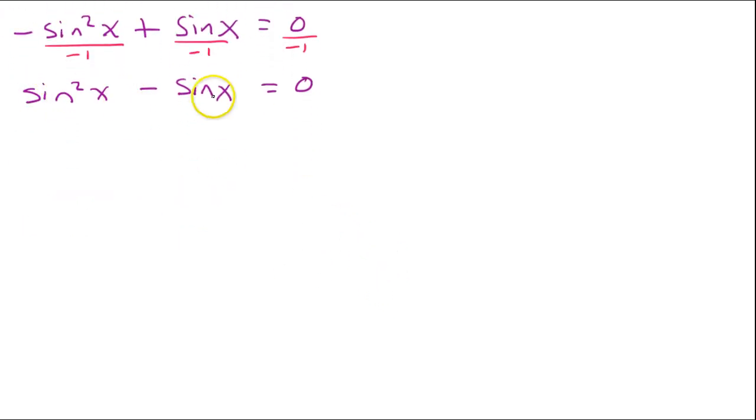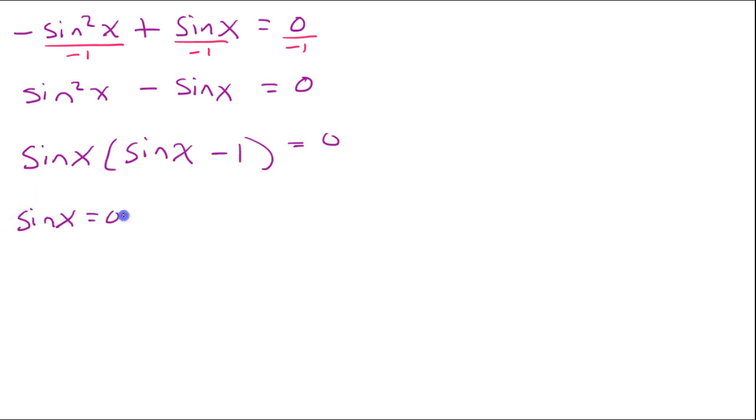So sine x is the common factor. I'm going to take that sine x and put it in front of parentheses, which will leave sine x minus 1 inside the parentheses. By the zero product property, I will take sine x and set that equal to 0, and then I will take sine x minus 1 and set that equal to 0.